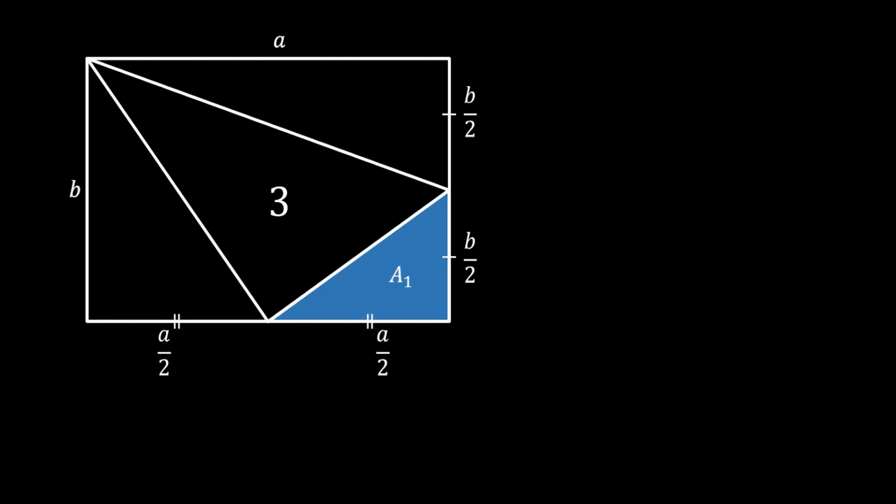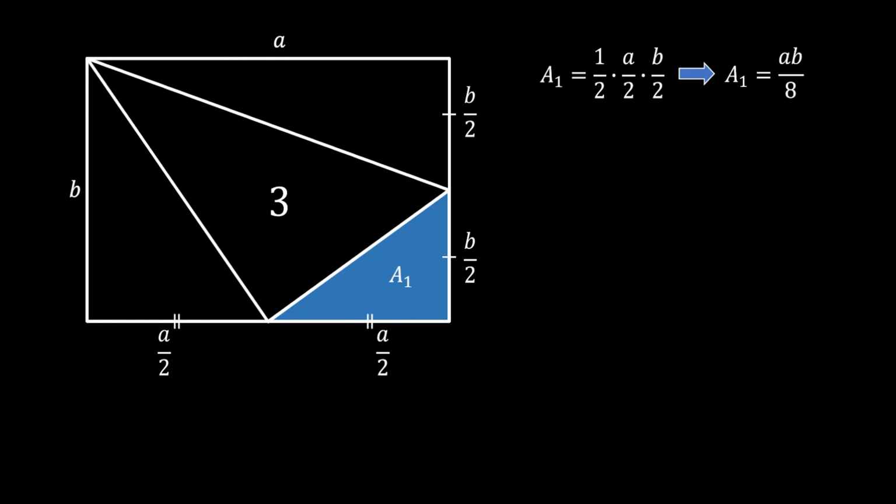Let's label this triangle as A1. So, using the formula for the area of the triangle, we know that the area of this triangle equals 1/2 of the product of its base and the height. In our case, the base is a over 2 and the height is b over 2. So this means that the area of this triangle equals a times b over 8.